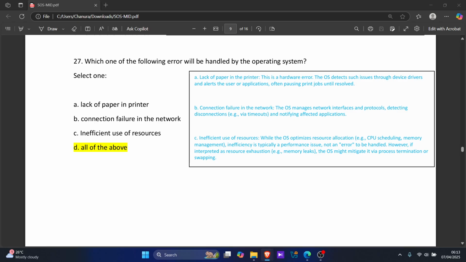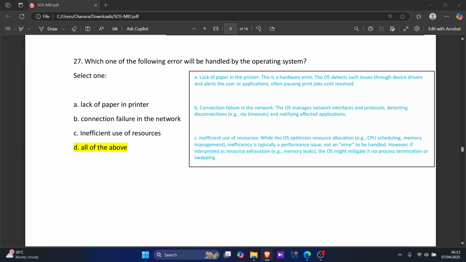C, inefficient use of resources. While the OS manages resources, inefficient use typically refers to suboptimal performance rather than an explicit error. The OS optimizes resource allocation but does not treat inefficiency as an error to handle. Not typically considered an error handled by the OS. D, all of the above.